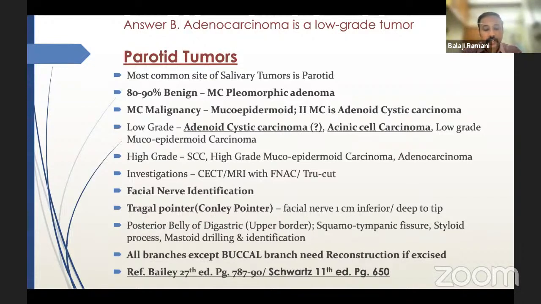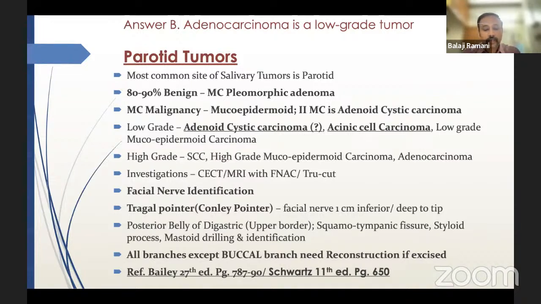So unless the nerve is clinically involved, so you already have a facial nerve palsy, only then will you consider removing the facial nerve. Otherwise, the facial nerve is always preserved, even if it means an R1 resection. Suppose you have a margin positive resection, still you will preserve the nerve. This is the general dictum as far as most major nerves are concerned. Whenever you have the nerve, unless the nerve is completely encased. So they may use some terms which may confuse the issue.